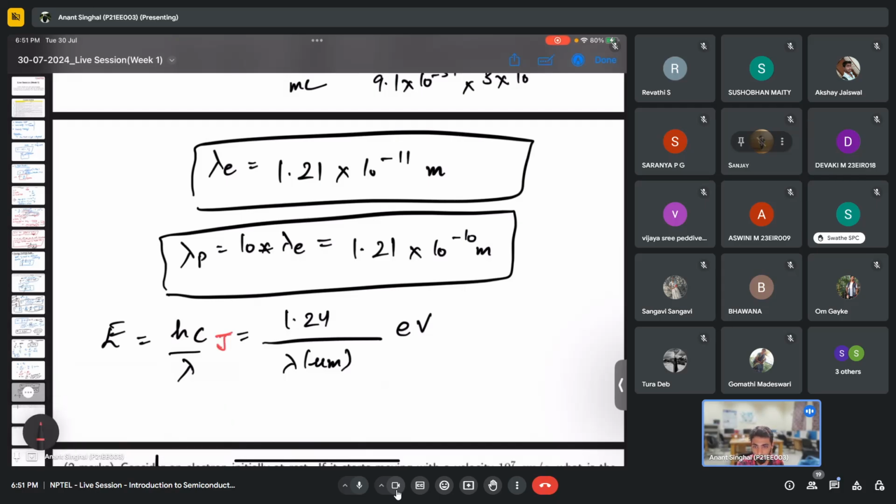Do you know about this relation? So you can go ahead and let me know the energy that is coming. What I can write here is 1.24 divided by lambda in nanometer, and since I want kilo, meaning 10 raised to 3, I need to divide by this. So you can use the same.